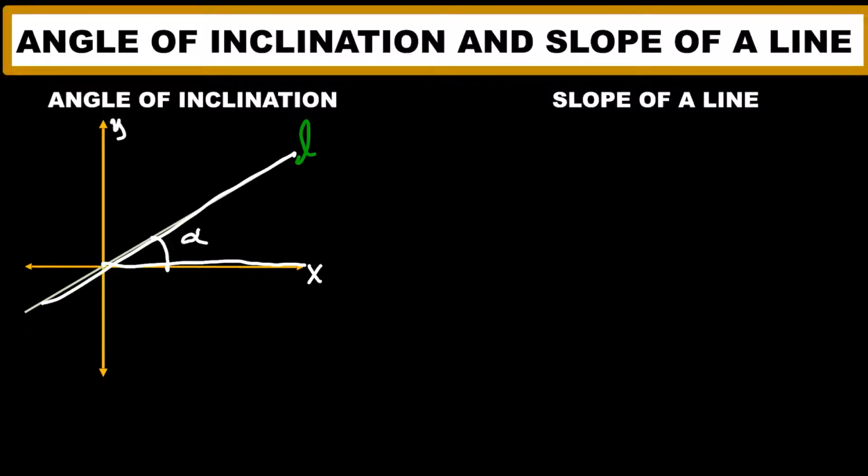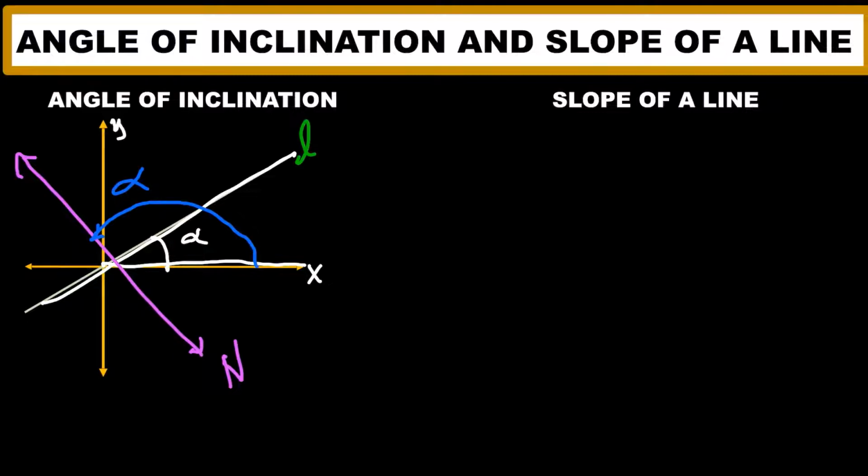All right, now suppose let's have another line here. Suppose this line is line N. Let's change the color, line N. Now if we're going to locate the angle of inclination of this line, then we can say that from the positive x-axis going to that line, that is our alpha.